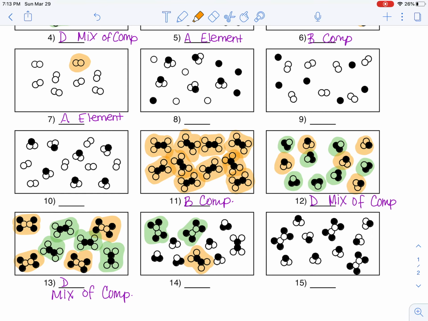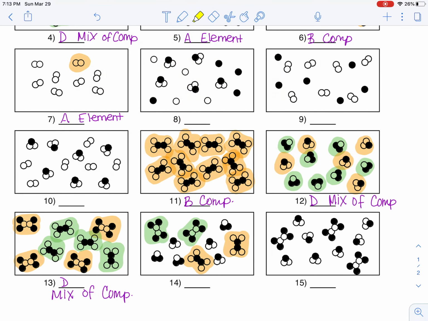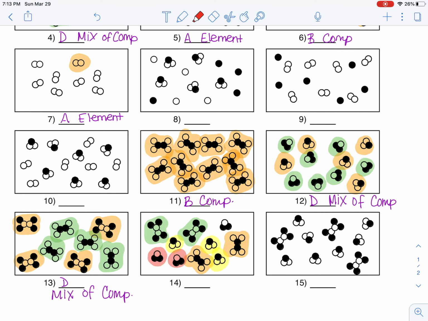I have 2 black and 4 white. I have 1 black and 2 white. And I have 1 white and 2 black. This one has 4 different compounds in it, but they are all still in one box as a mixture of compounds.